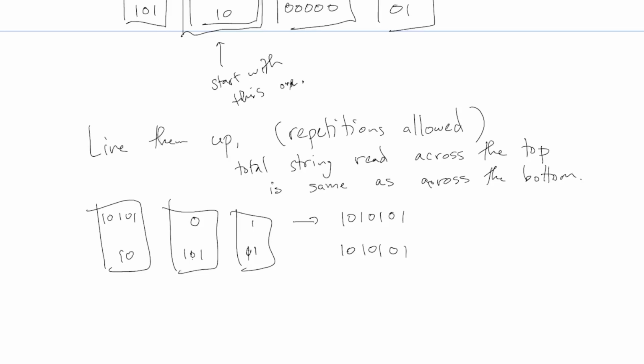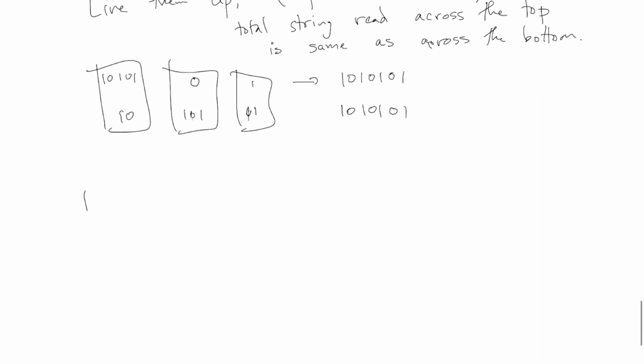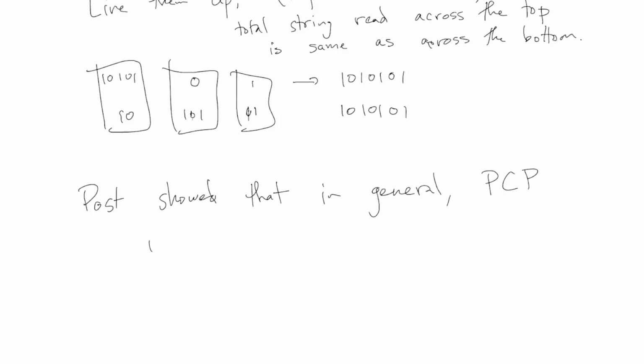What Post was able to demonstrate is that, in general, the PCP is not solvable by a Turing machine.